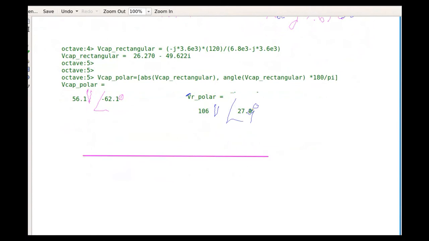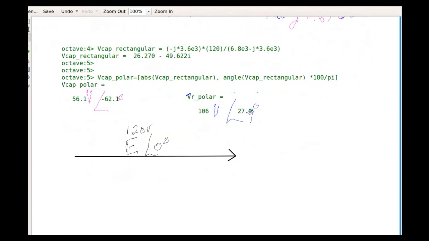This line, I'm going to make it black, represents my source voltage, E, at an angle of 0 degrees. So that was 120 volts, angle 0 degrees.